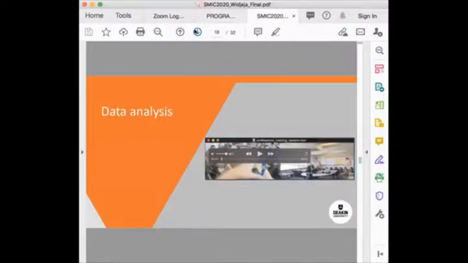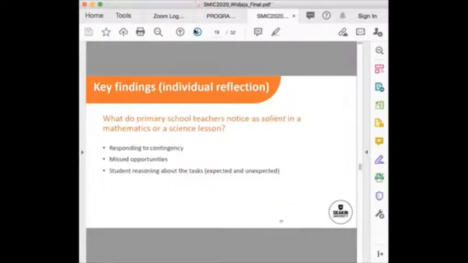So let me share with you some of the key findings. From the individual reflection, like I mentioned earlier, I'm going to focus on looking at the different aspects related to contingency.